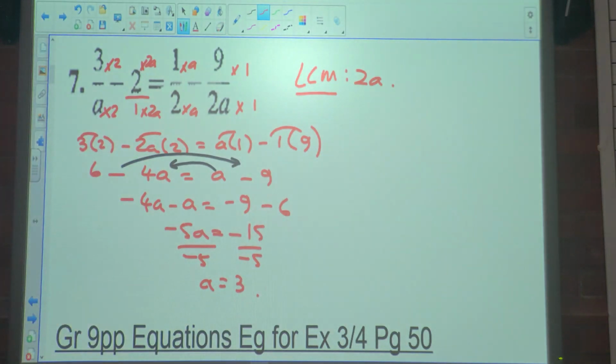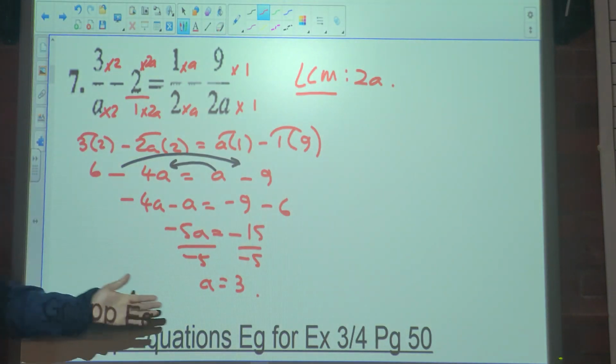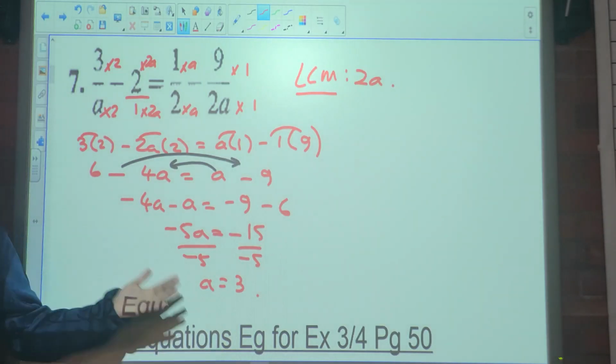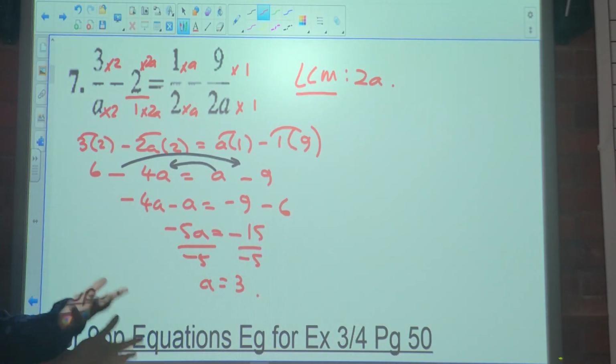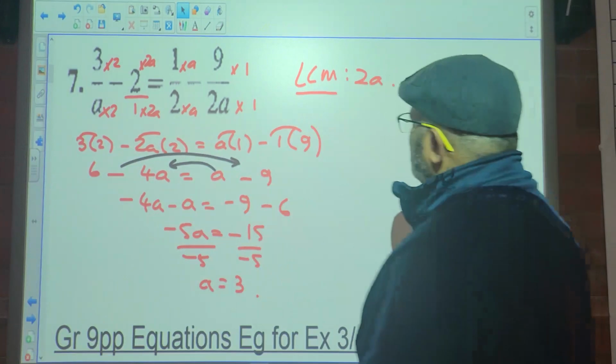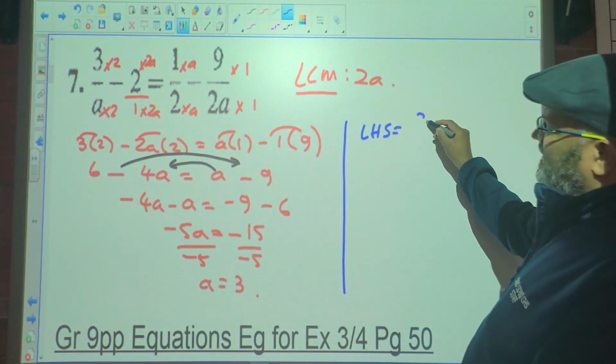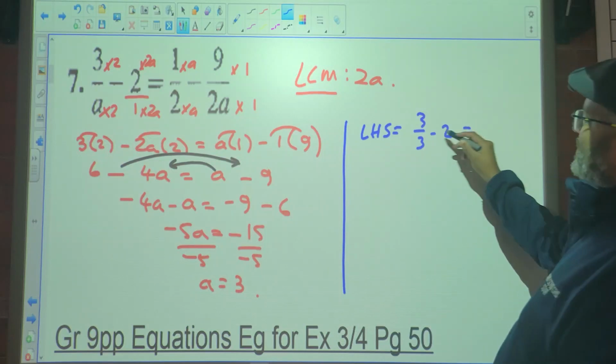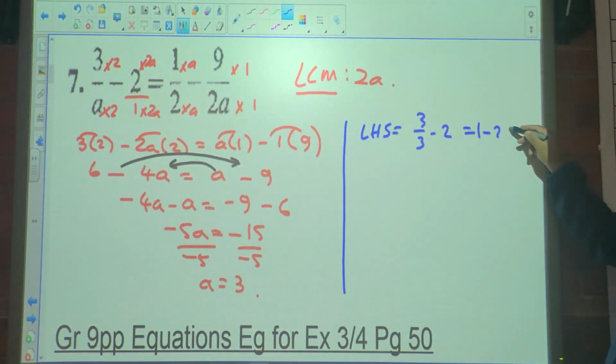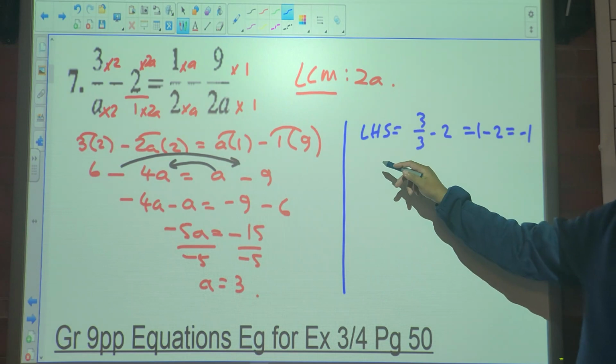Okay. So is this going to be no solution here? No. Because a can be 3. And we can test it. That's the nice part about this. So the left hand side is going to be 3 over a minus 2. What's 3 over 3? 1. 1 minus 2? Negative 1.